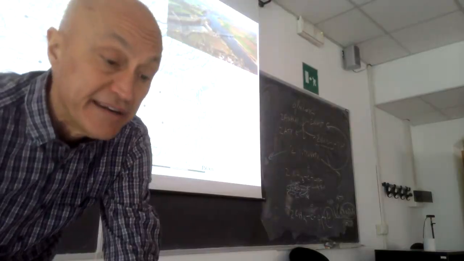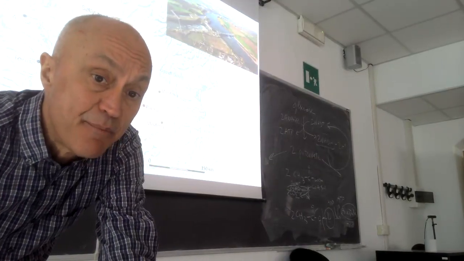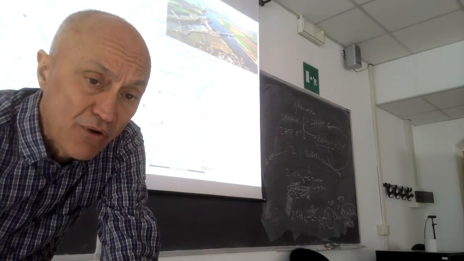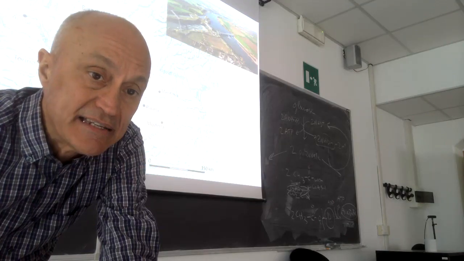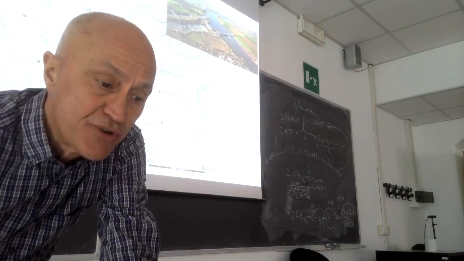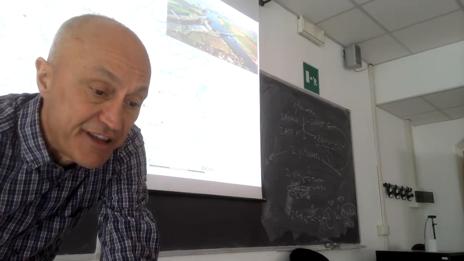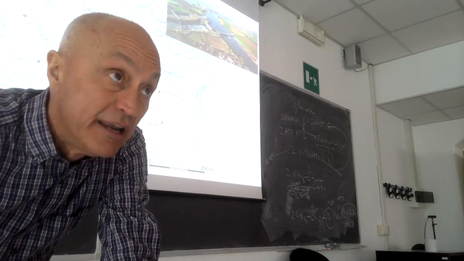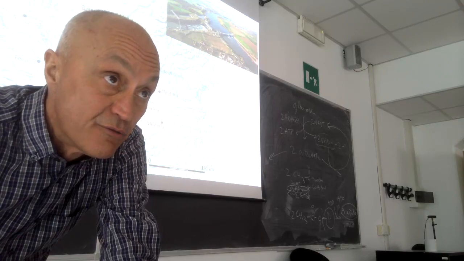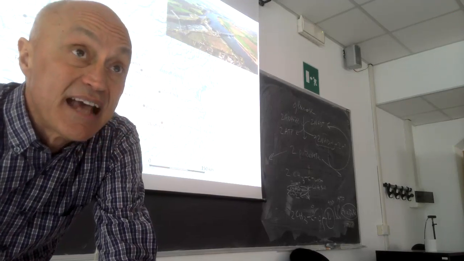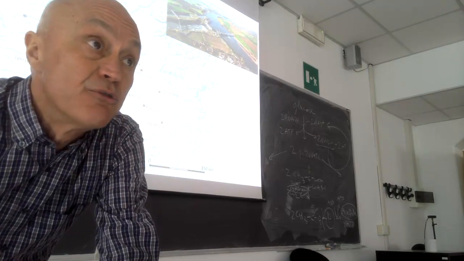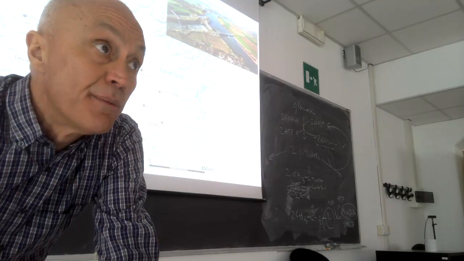There is a run of the river power plant on the Po River. So let's say a hydropower plant that uses the water flowing in the Po without the construction of a proper reservoir. There's no reservoir.